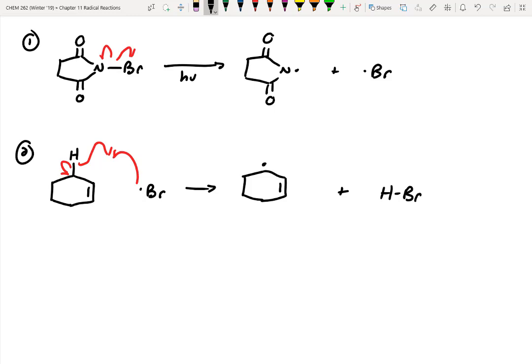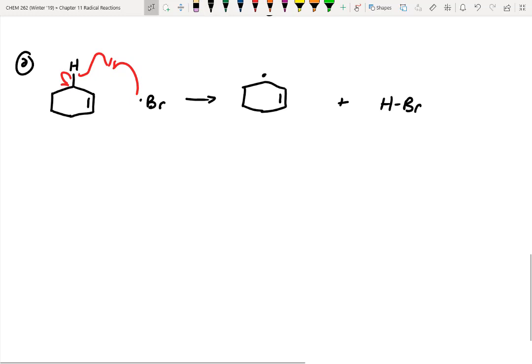And now that we've done that, we can use the trace amount of bromine that's in solution. Like I said, there's not going to be a whole heck of a lot in solution, but these organic radicals are so reactive that they will seek out elemental bromine.